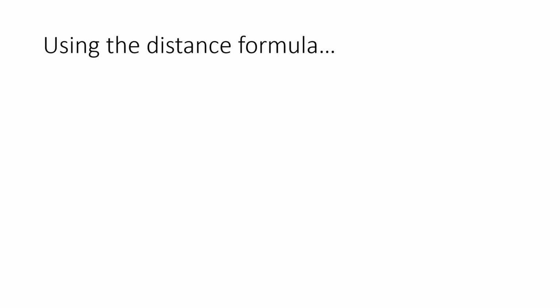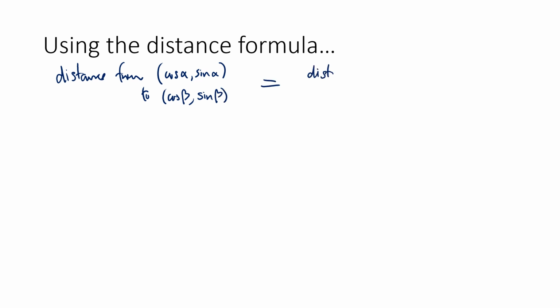So what we have is that the distance from cosine alpha comma sine alpha to cosine beta comma sine beta is equal to the distance from cosine alpha minus beta comma sine of alpha minus beta to the point 1 comma 0. And we're just going to use our distance formula.